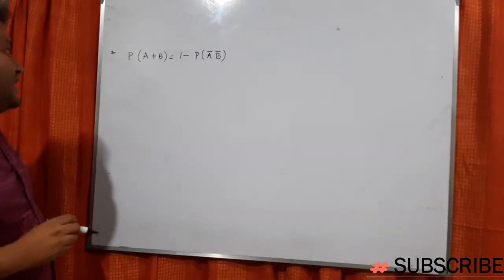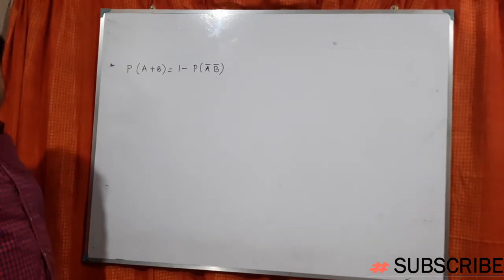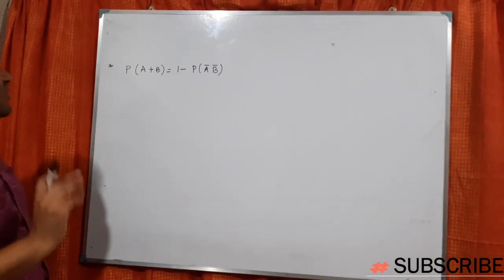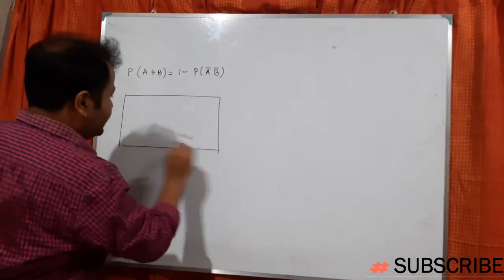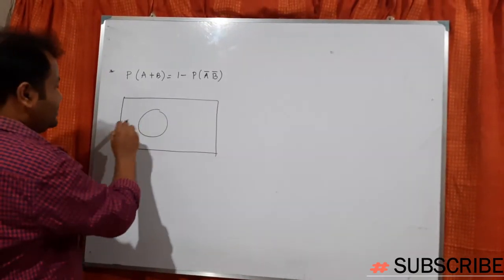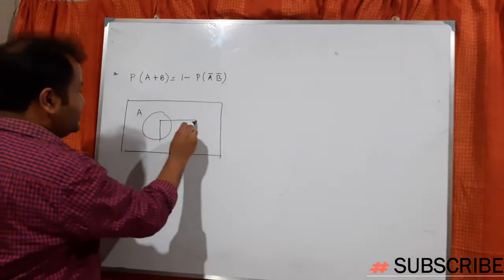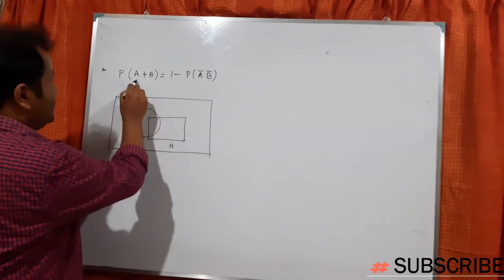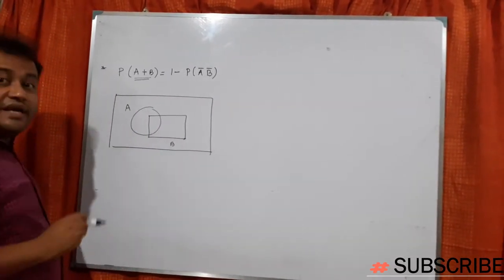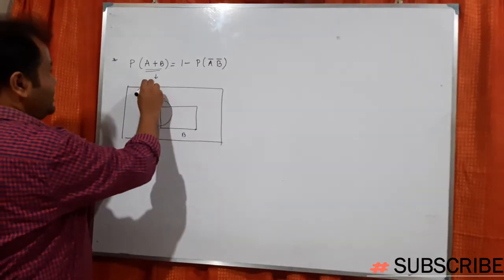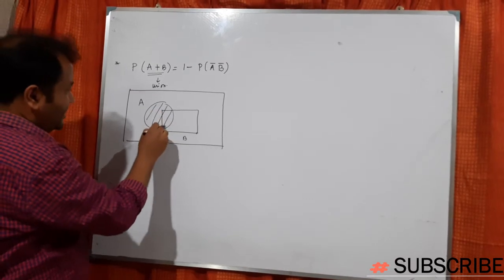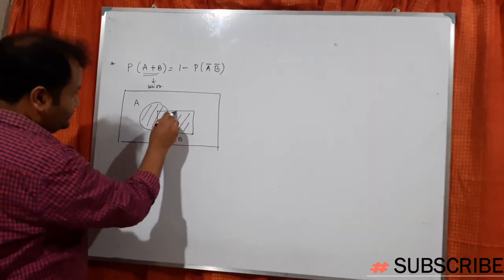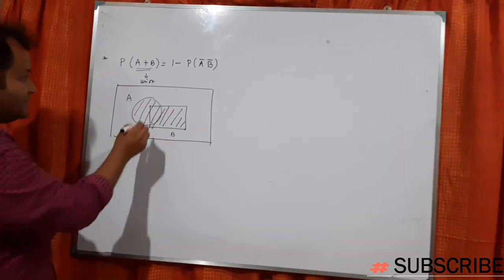So now carefully think, I want to draw two diagrams and you see whether they are equal or not. Say this is the universal set, this is A, this is B. So A plus B means A union B. This actually means union, right? So union means all the points of A and B. That means this one.